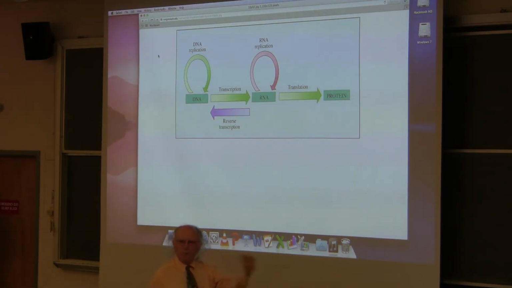There are single words that we use to describe each of these. The synthesis of RNA is called transcription. One word, very simple. The synthesis of protein from that RNA is called translation.